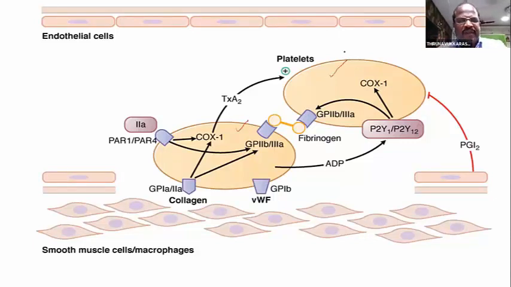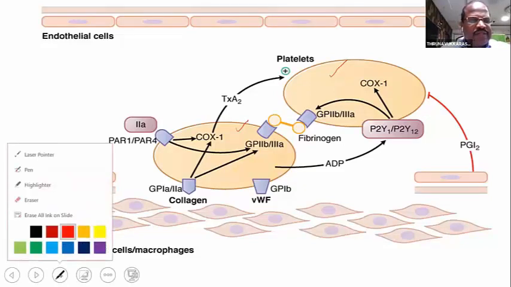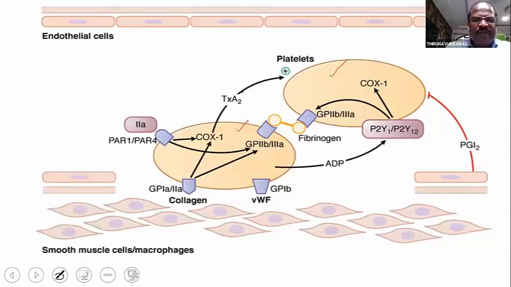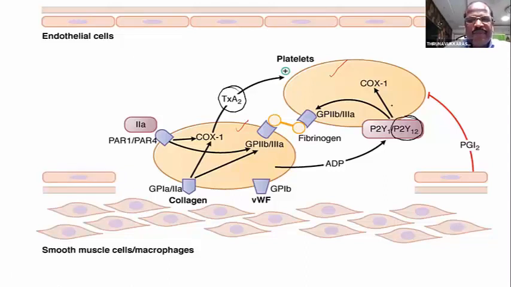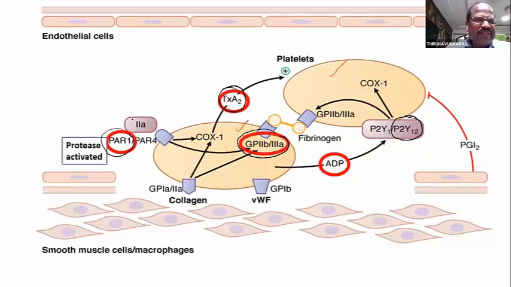On the surface of platelet, there are so many receptors which can cause aggregation of platelets with each other, causing thrombus. For example, we have thromboxane A2 receptor, and then we have P2Y12 receptor, and then we have glycoprotein 2B3 receptor, and we have one more called PAR, protease activated receptor.